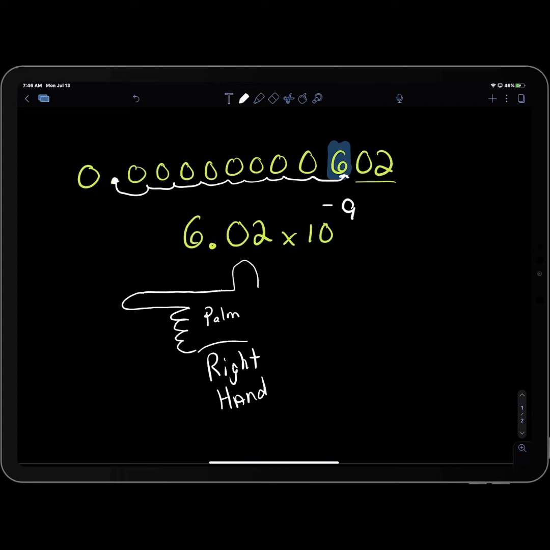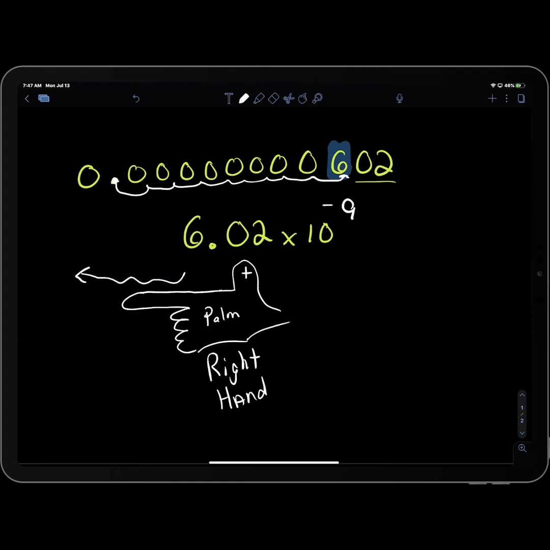It's a horrible hand, but if that's the palm of your right hand and you put your finger out, which way is the thumb pointing? The thumb is pointing up. So if the decimal point goes to the left, then our value is positive for that exponent.